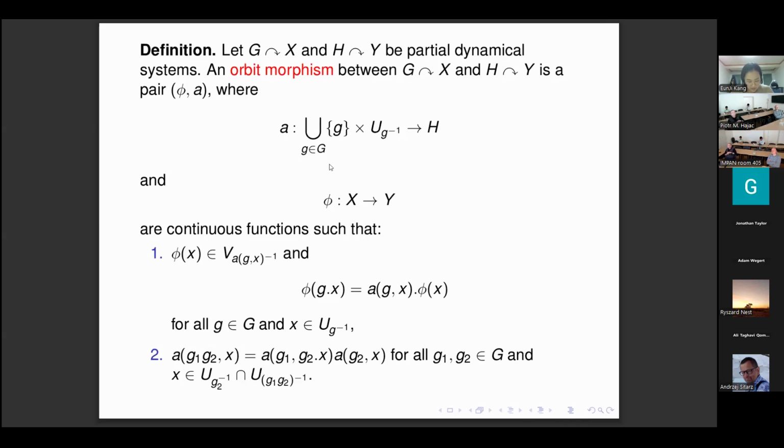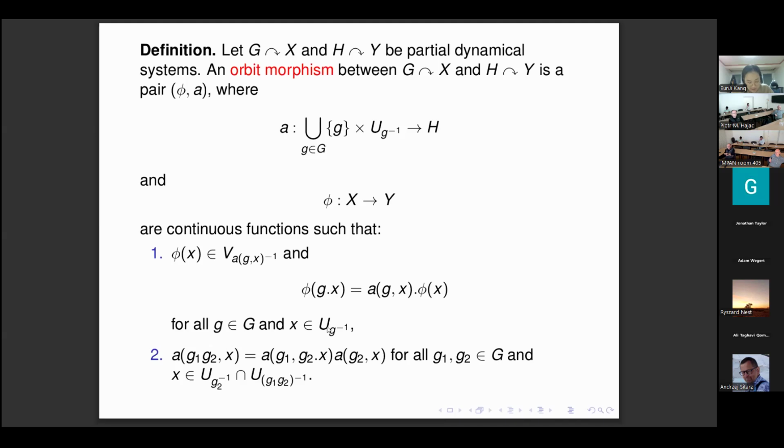And then this pair of maps must satisfy two conditions. The first, the map P should respect the group actions, meaning when you apply g to a point x in X and then apply P, it's the same as applying the related group element in H to P(x).